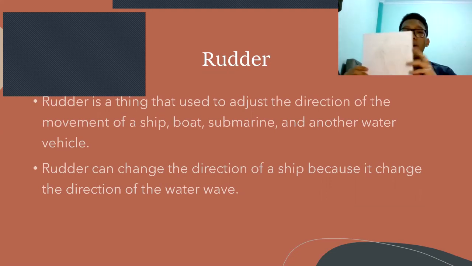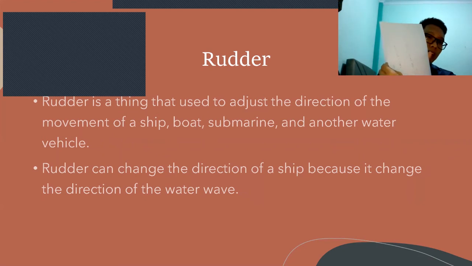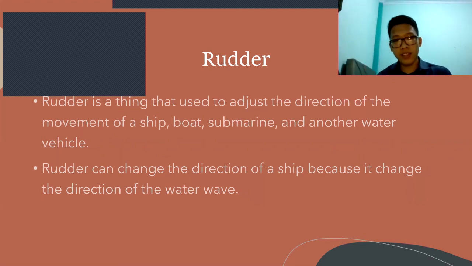But when the rudder is turned to the right or to the left, the streamline also turns direction. So when the rudder is turned right, just like this, the streamline of the water flow turns just like this. It turns the direction of the water streamline. It's the same when you turn the rudder to the left. So that's how a rudder works.